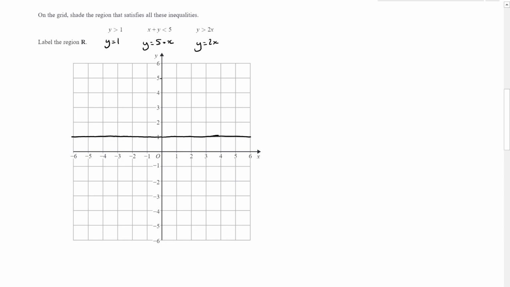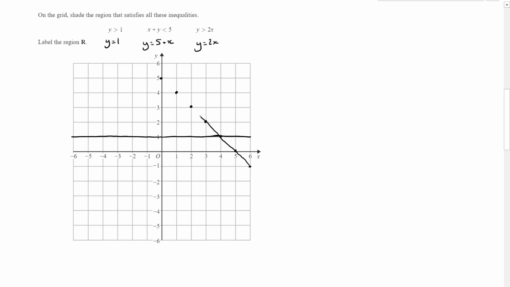Then y equals 5 minus x, and we're going to pass through this point of 5, since 5 is the y-intercept. But the gradient of this is minus 1, which means that as we go along 1, we have to go down 1. And so our next point is going to be here, along 1, down 1. We're going to go there, along 1, down 1. And then you'll see this pattern. And then we just have to draw in this line as straight as possible.